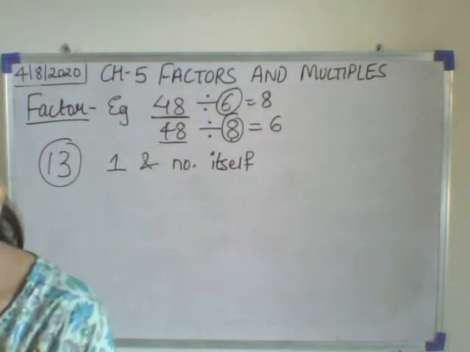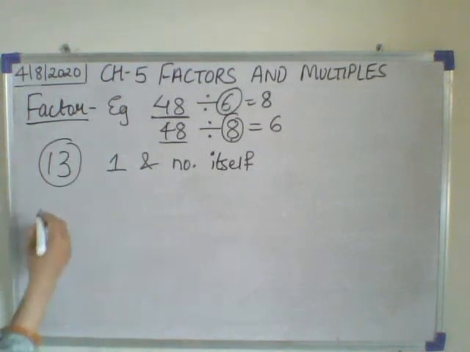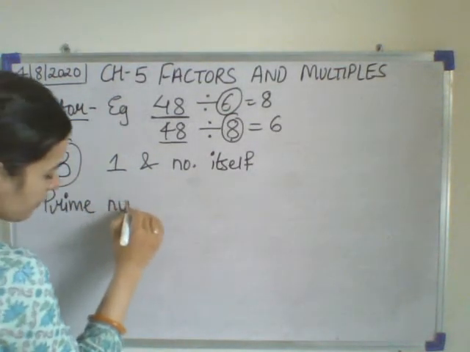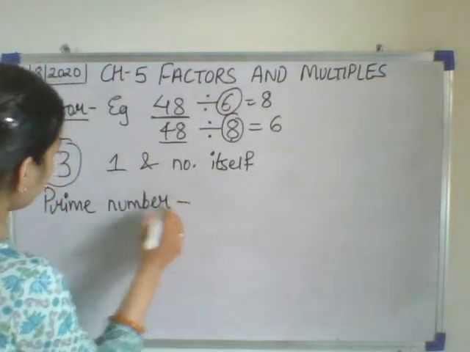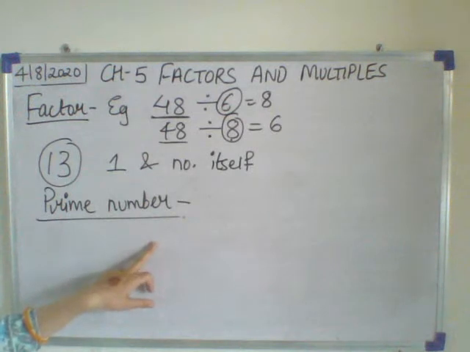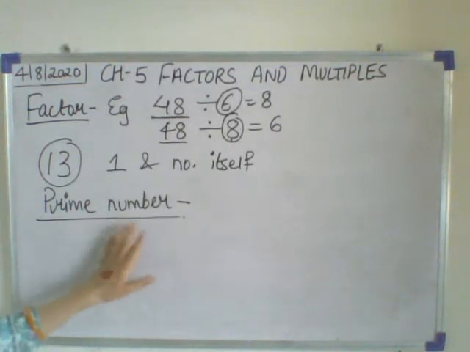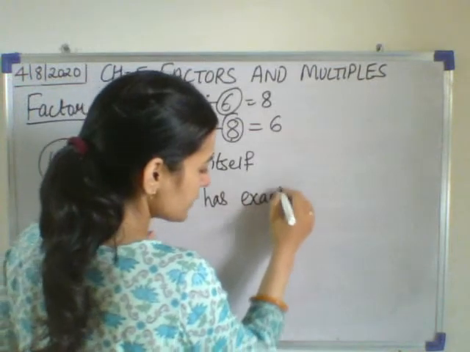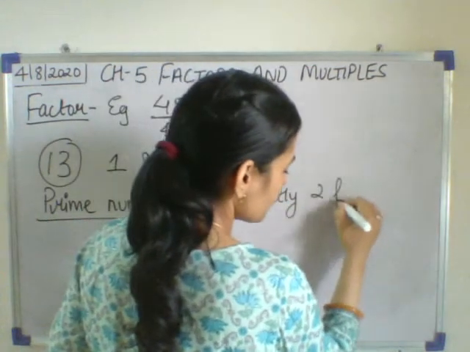Next we will be studying prime numbers. What are prime numbers? A prime number is a natural number which has exactly two factors, 1 and itself.